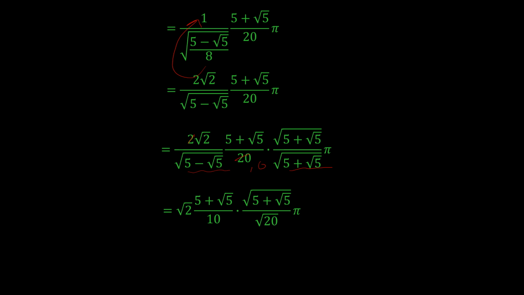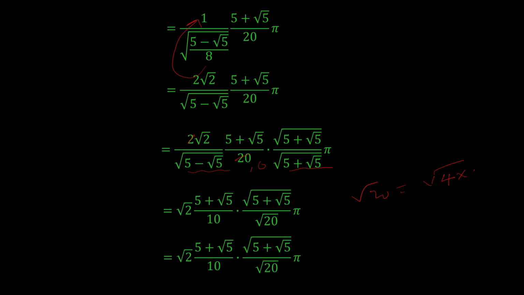So we still have the square root sign there, and square root of 20 is the same as square root of 4 times 5, and then square root of 4 is 2, so we have 2 root 5, right? And then we'll keep proceeding here.